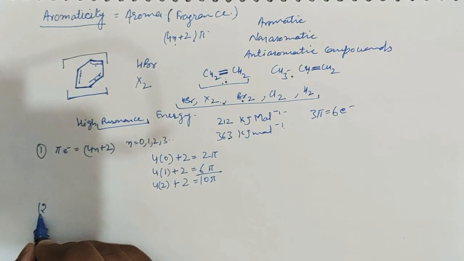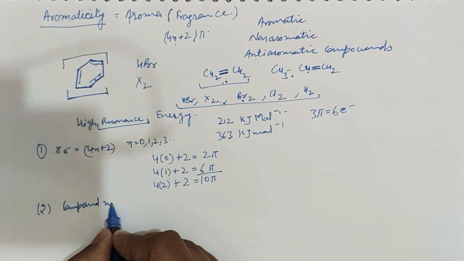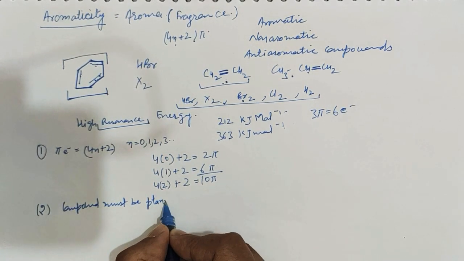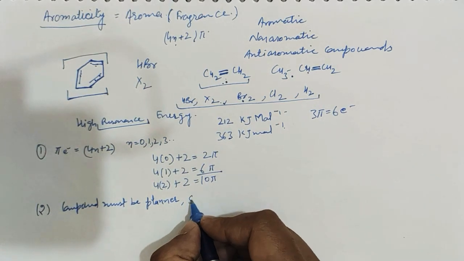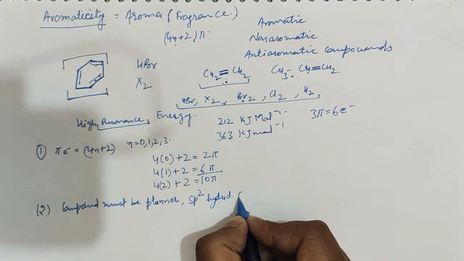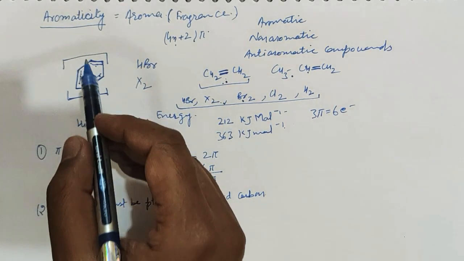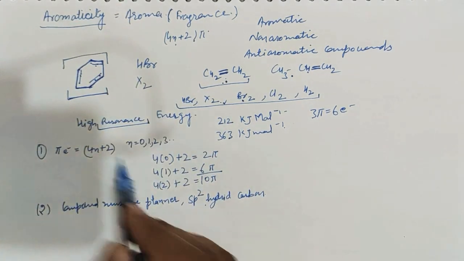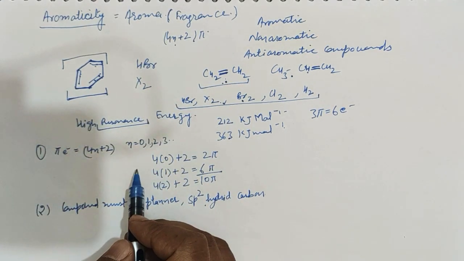So the second point: the compound must be planar and it must have sp2 hybrid carbons. Let me show you again that in this benzene ring, all the carbons are sp2 hybridized and this ring is planar, so it fulfills the second condition of aromaticity also.